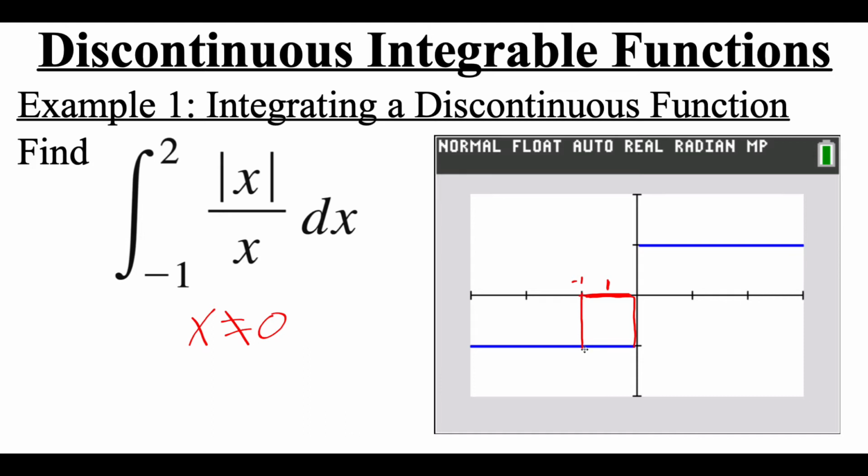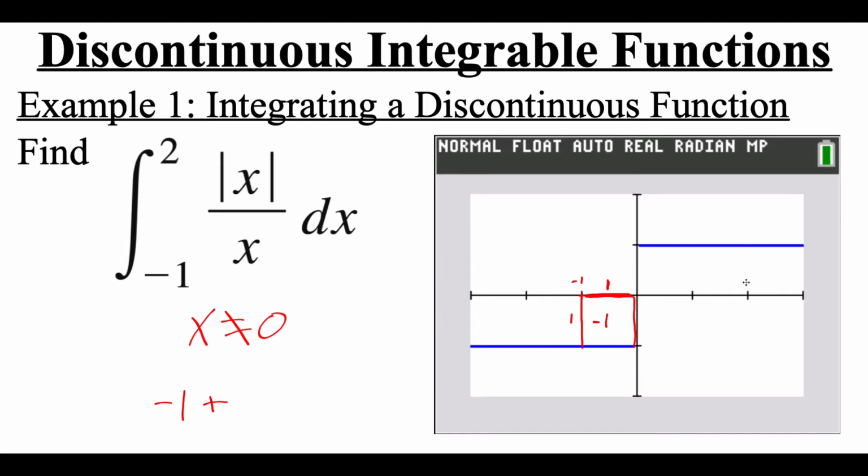As far as the height in here, we're doing the absolute value of x divided by x. Well, this y value down here is at -1. So we're going down one space as well. So if we do the area, 1 times 1, we get an area of just 1. That's below the x-axis, so it's actually a negative area. So that first chunk gives me an area of -1. And I want to add on the area of the chunk that's above the x-axis.